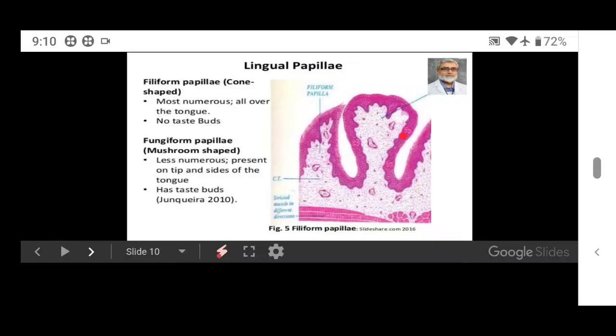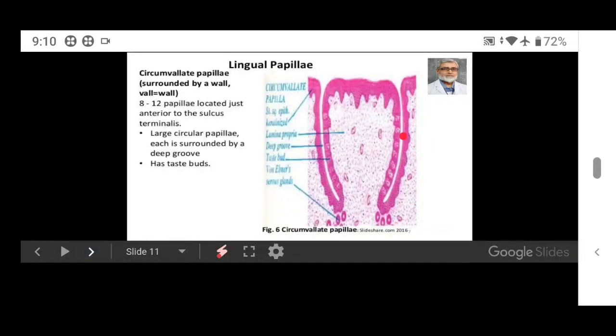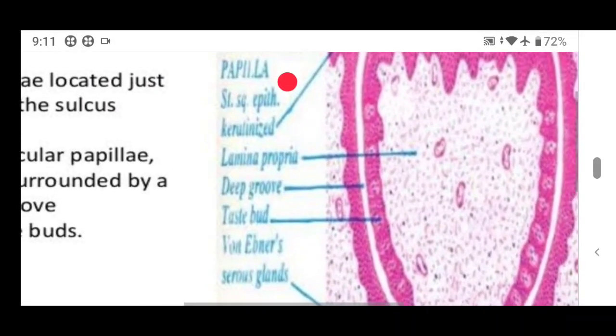Now come to the next slide. You can see very well here. I can zoom. See here, these are the taste buds. Taste buds are arranged in different manner with the different shape of the papillae over the dorsum of the tongue.